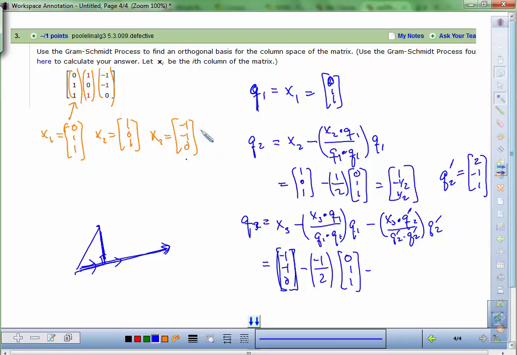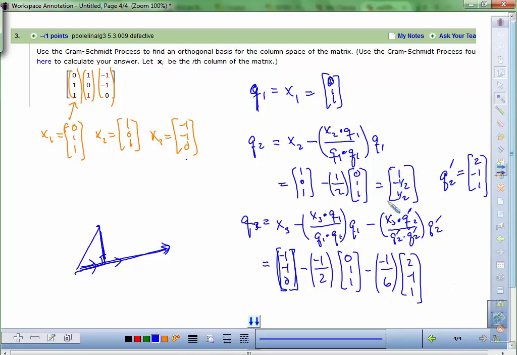And so that gives -2, +1. So that's a -1. And then Q2 dotted with itself. This is a 4, 1, 1, which is 6. And then Q2 is 2, -1, 1.